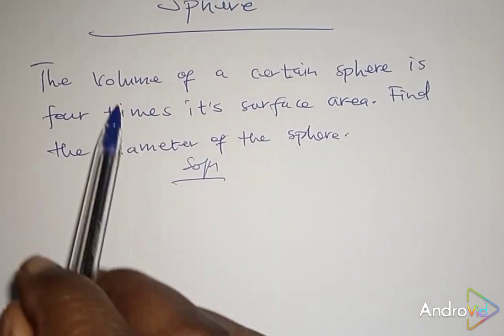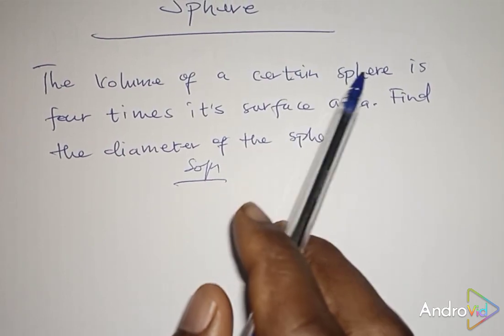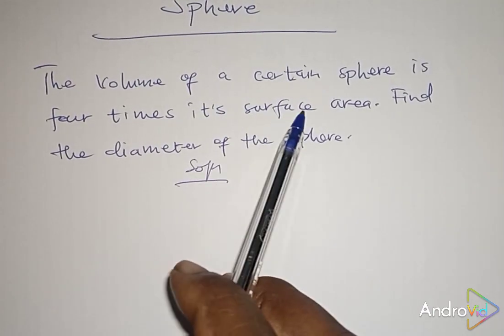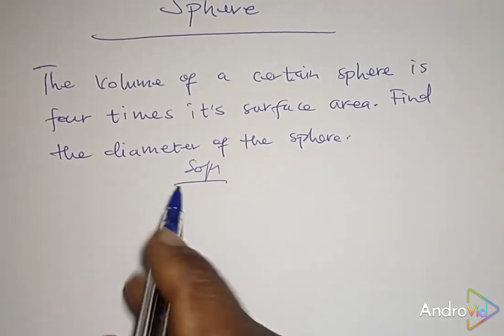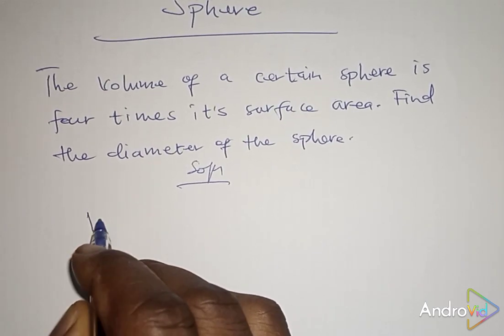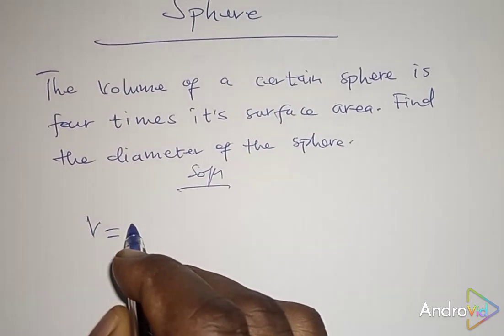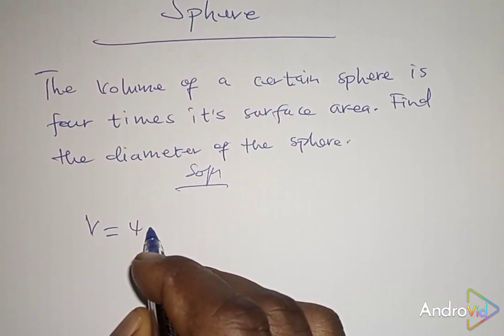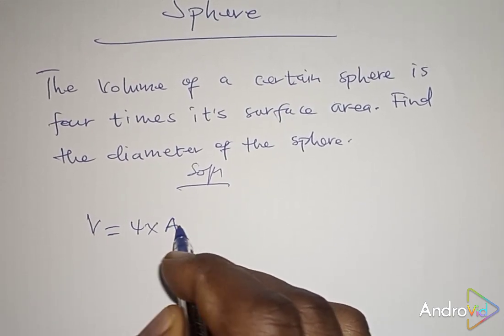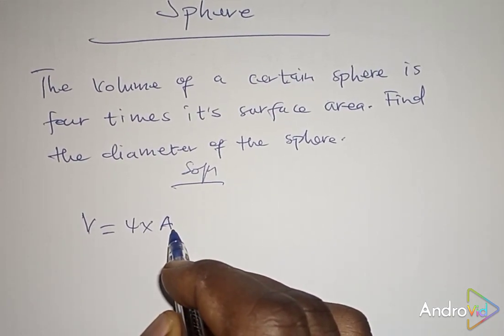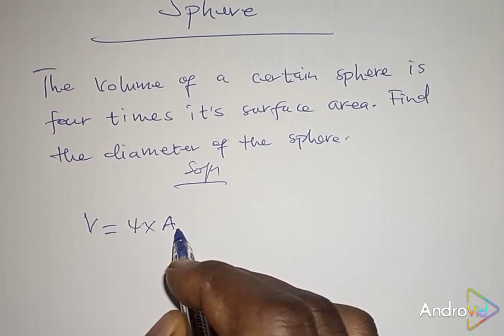Okay, so we have been given that the volume of the sphere is 4 times the surface area. So we can write that V is equal to 4 times the surface area, where A is the surface area.